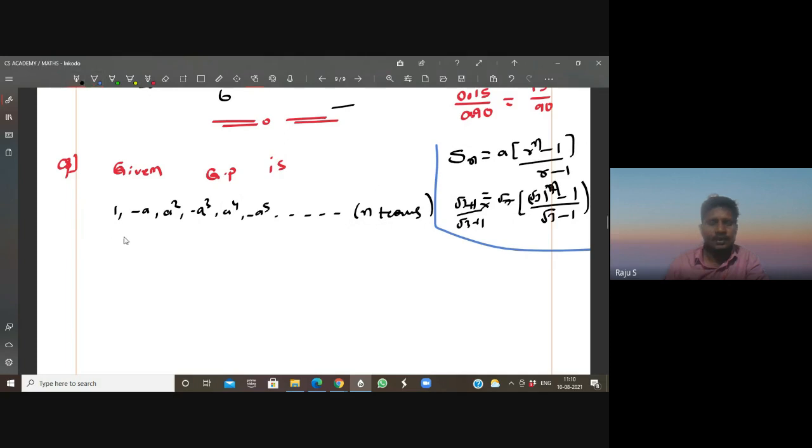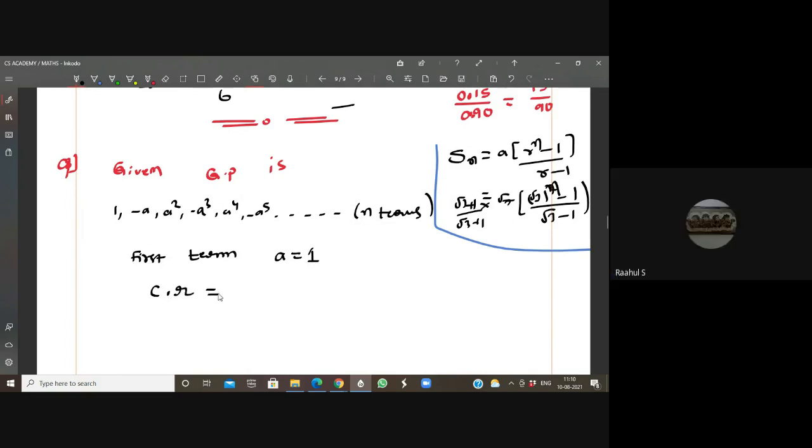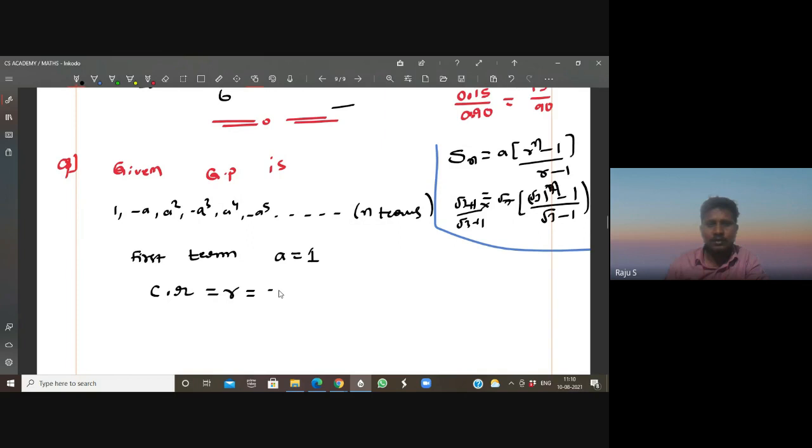So for that, if I compare here, what is the first term, students? One, yes, sir. What is the common ratio? Minus a, sir. R is equal to the second term minus a by 1, which is minus a. Simple.